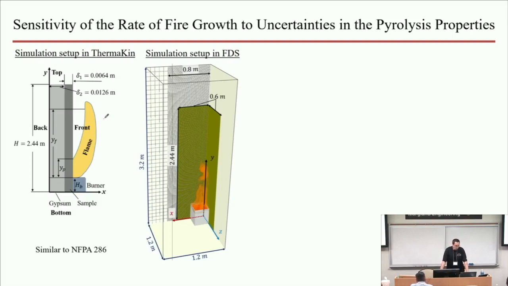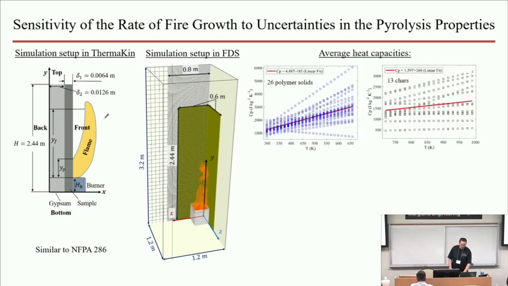So when we looked at this problem, the first question was: what is our reference point? We're going to look at the uncertainties of various properties and their impact on the results of the spread. But how do we define the material from which we start? To do that, we took 26 different materials for which we found a reasonably complete set of properties, and we generated an average material out of that.